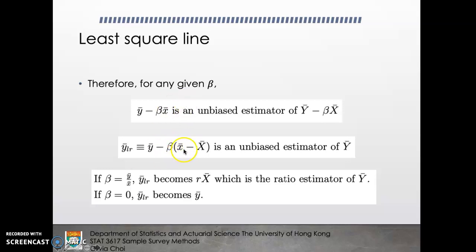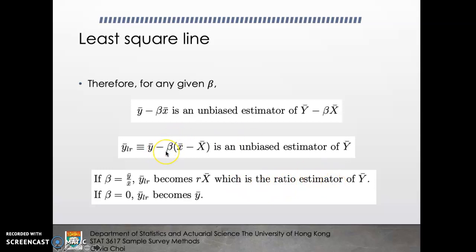then we multiply it into this difference, canceling the x bar, and essentially we achieve the ratio r times the population X bar, which is the same as the ratio estimator.